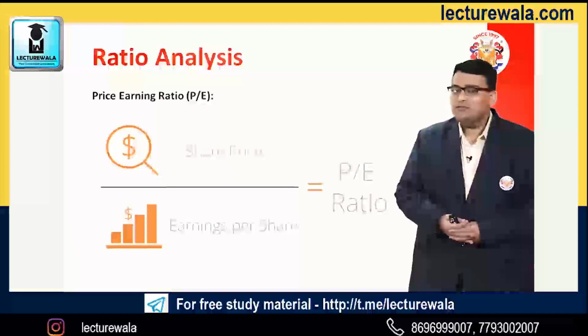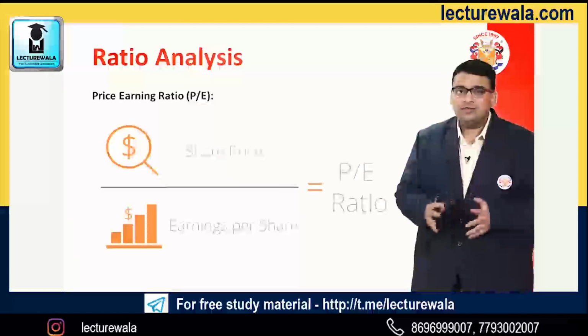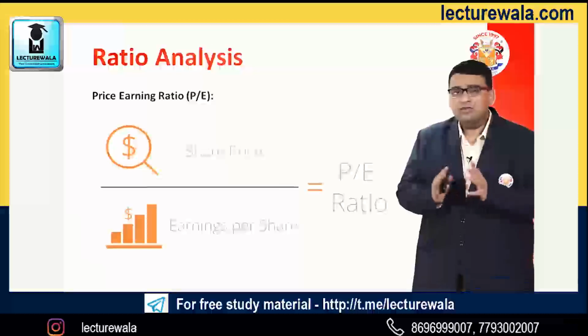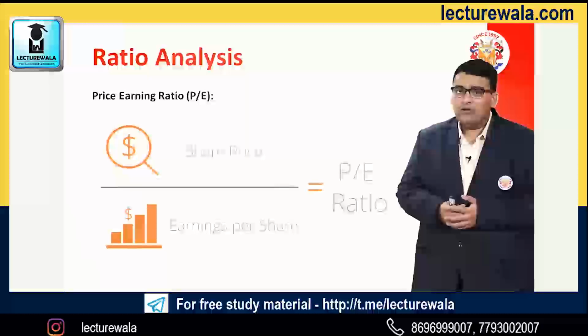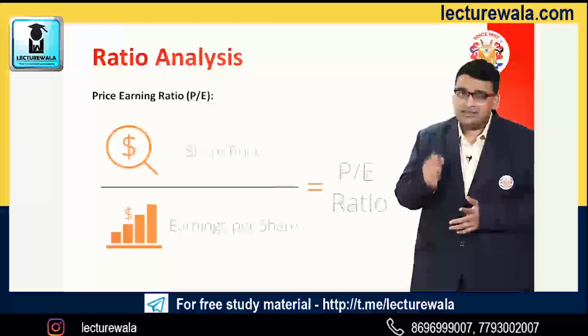What is the reason for such fluctuation? The reason is simple: if the company is doing well and is in a growing stage or has attained a certain level of growth, its EPS, that is earning per share, will indicate the same.